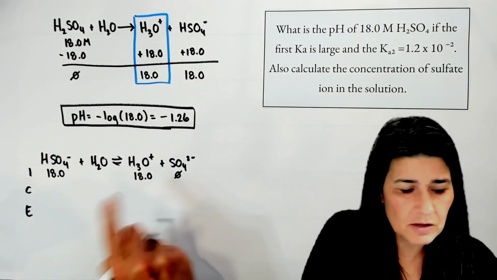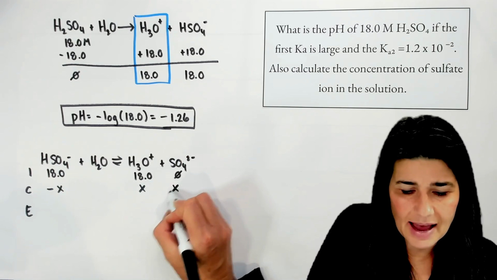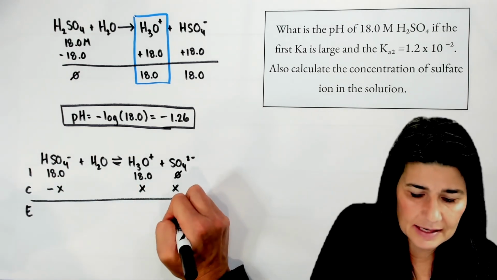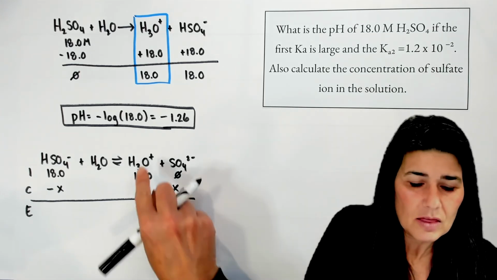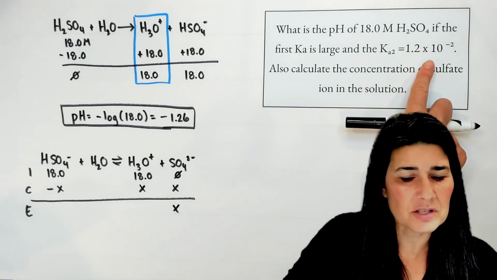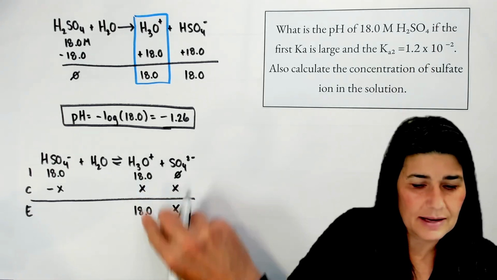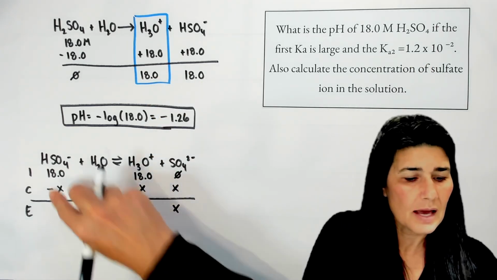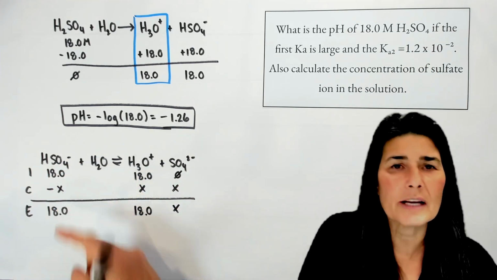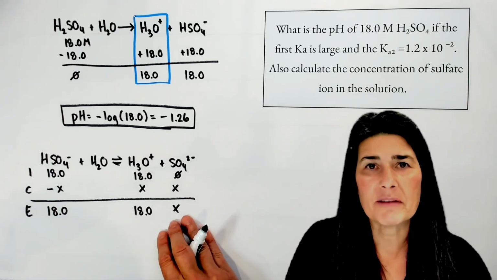So we're going to move in the forward direction, take away x, add x, add x. At equilibrium, the sulfate ion is going to be x. The hydronium, we're going to rule of 100 that, 100 times this is less than 18. The hydronium is, as we said, 18 molar, and the bisulfate ion is also 18 molar if we rule of 100 that. Now, we have our equilibrium values.